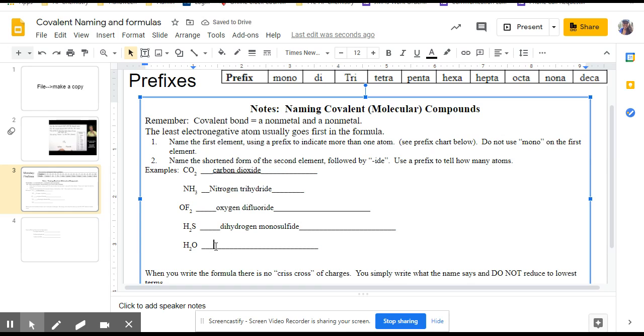Okay. This last one is very obvious to us, hopefully. That is water. But we're not going to call it water. We're going to call it by its chemical name. And so we're going to take the 2 hydrogens. So we're going to say dihydrogen again. And then for the second part, we're not going to say monoxide because that's kind of strange.